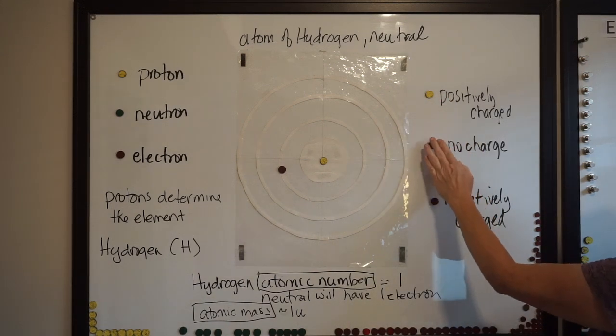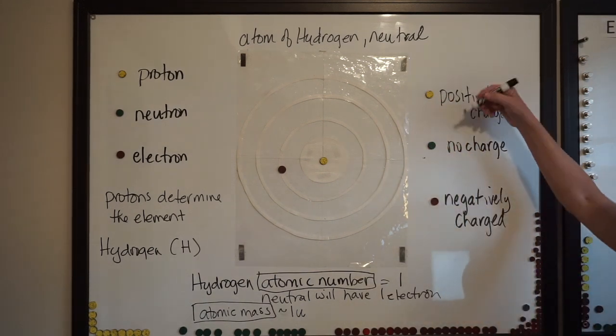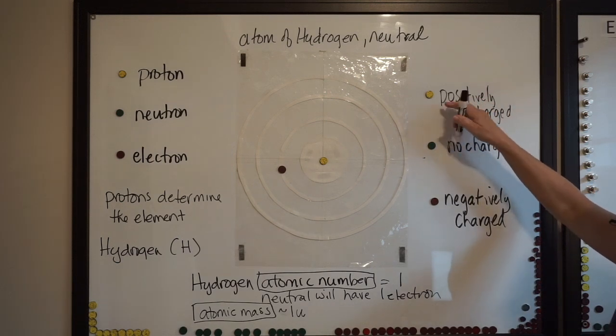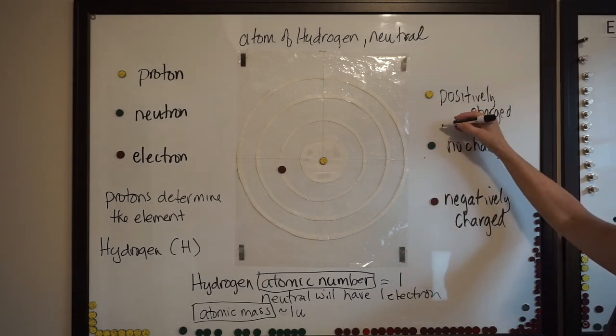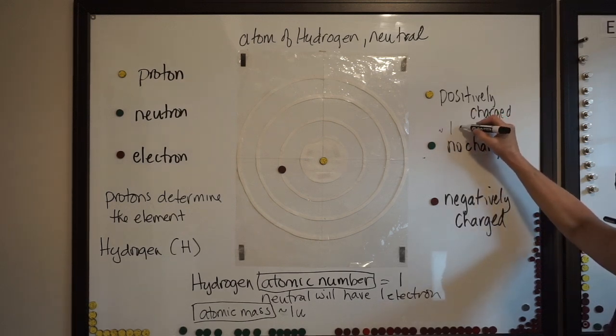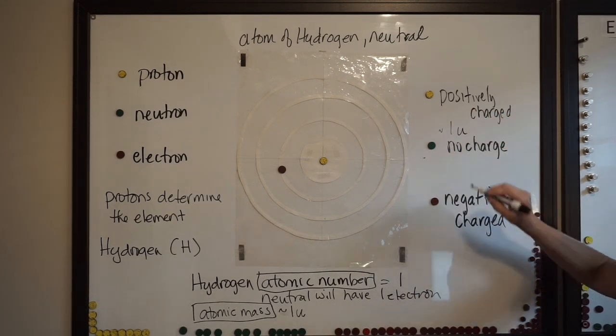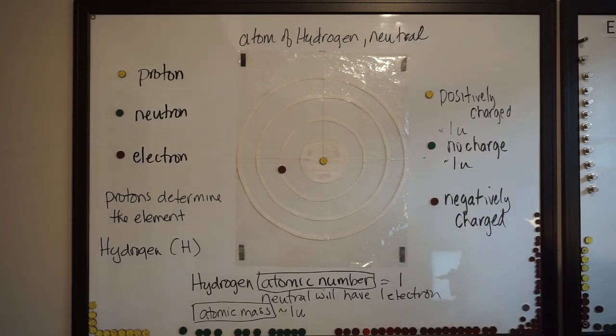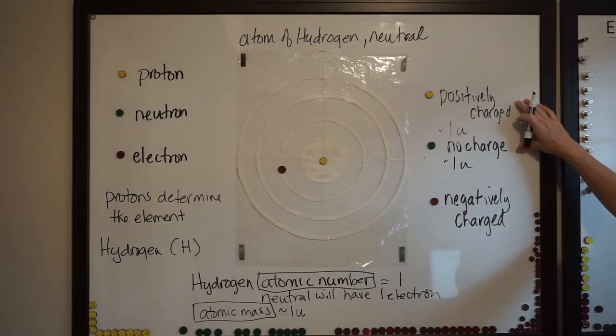I talked about protons and neutrons being the heavy particles. If you go back to this part, we know that a proton has approximately 1 atomic mass unit. We know that a neutron has approximately 1 atomic mass unit. They are our heavy particles.